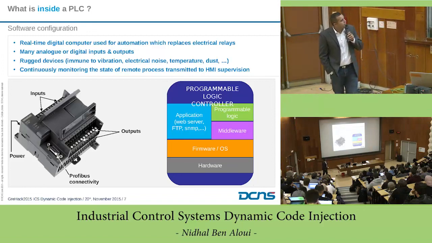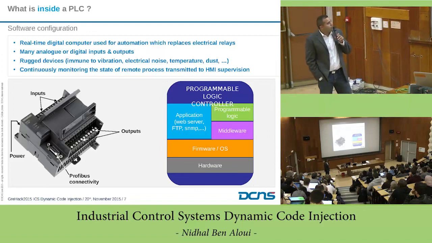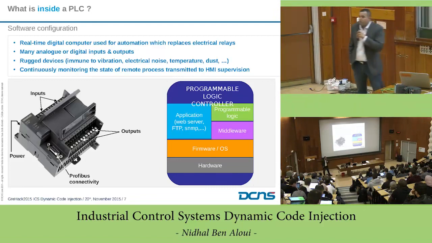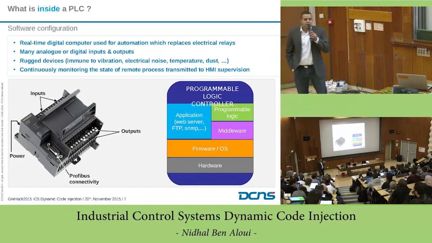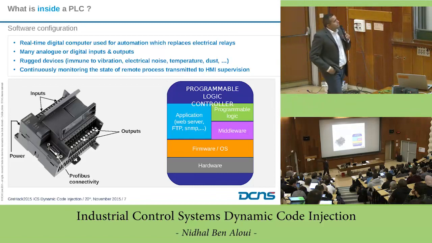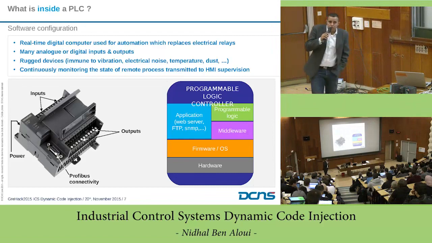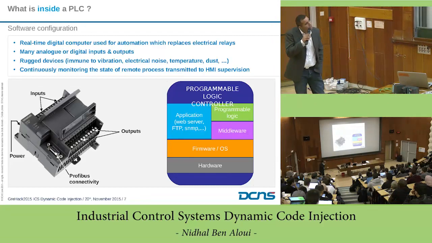So inside the PLC, after the hardware, we have the firmware with the operating system. In general, it's an embedded Linux, modified by Siemens or by others. Sometimes they also have the VxWorks operating system.